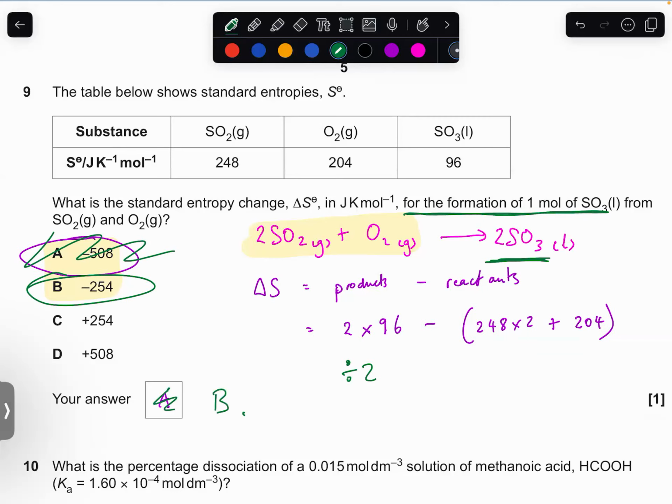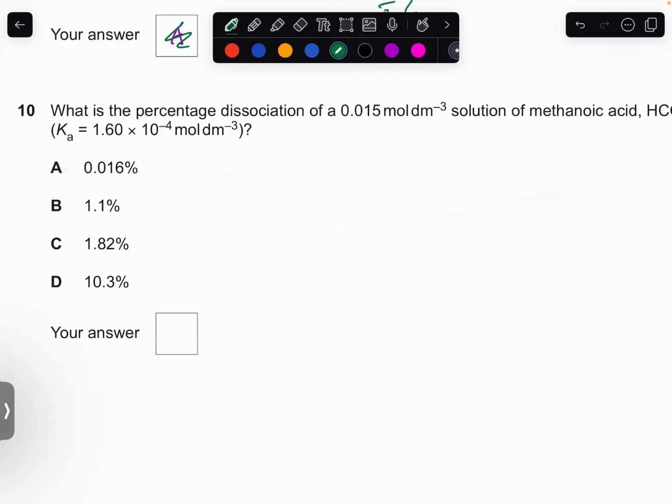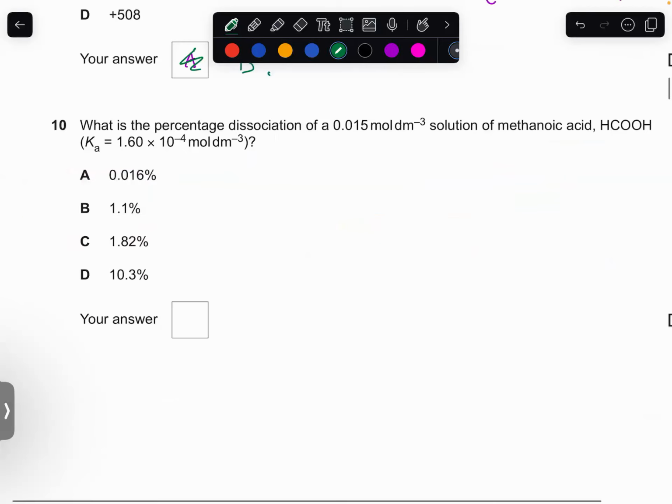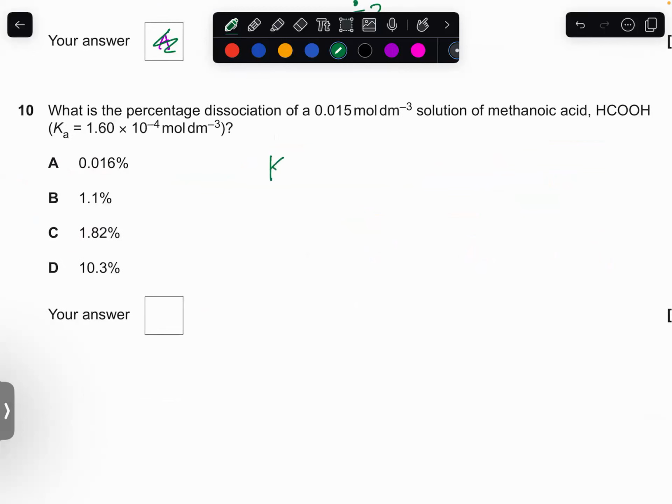This is, what is the percentage dissociation of this weak acid. Now, to work out the percentage dissociation, we need to work out the concentration of the H+ ions. We've got the values.